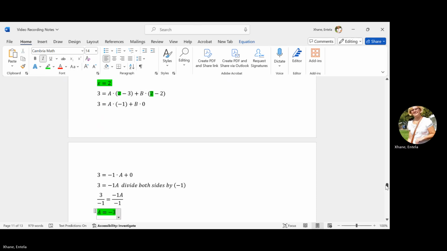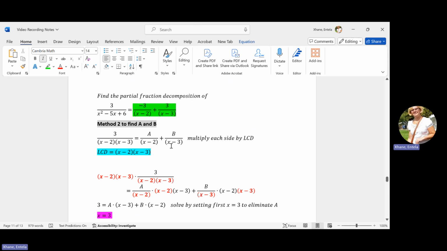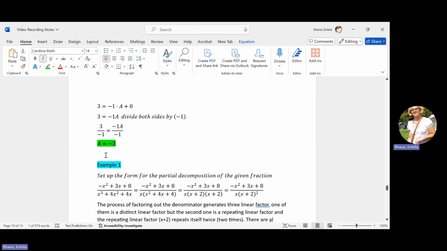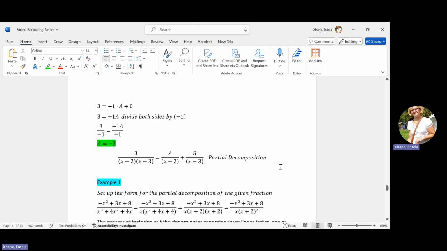Okay. And then once you get a and b, you go back, and then this is your partial decomposition. You substitute. So this is the partial decomposition. So how do I write my partial decomposition?